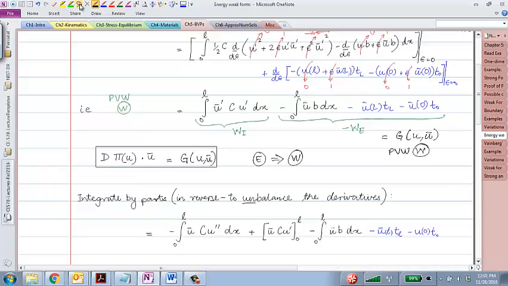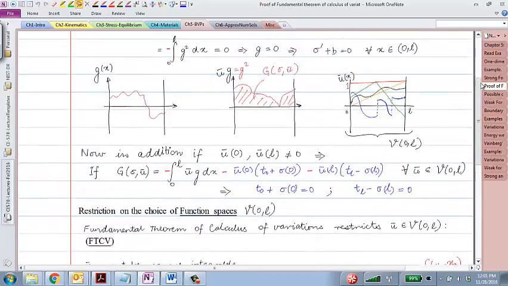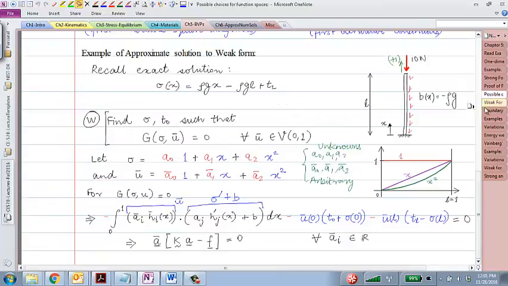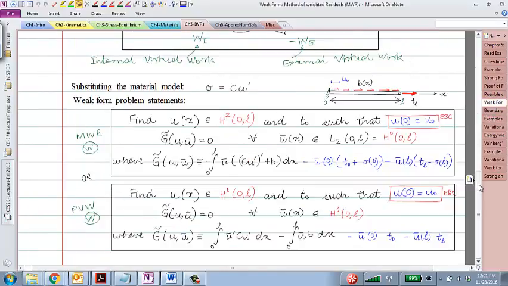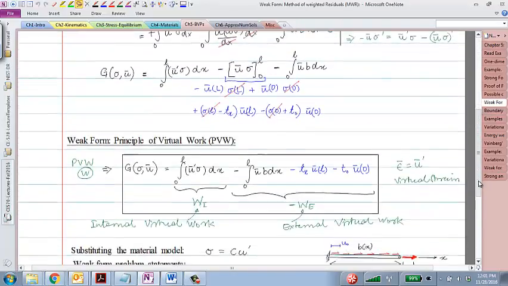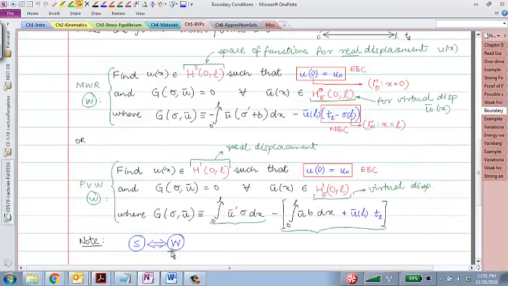All right, so I'll also point out here that a little while ago we had shown, let me see if I can pull that up. Can't seem to find it right now, but we had shown that yes, the strong form and the weak form are equivalent.